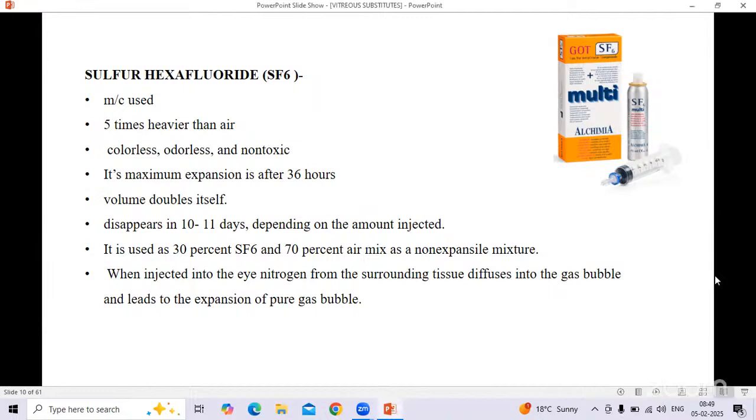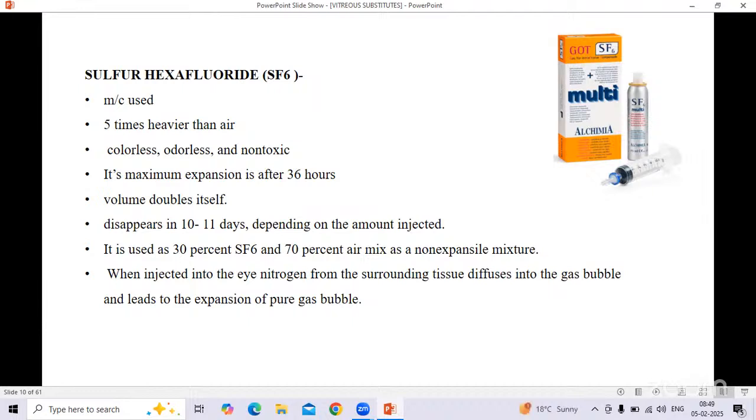For SF6, it is 18 to 20%. Where did you get this data? Sir, I have read it from one paper, sir. So in that it's given like this. Maybe they are using something different, but usually 18 to 20% is iso-expansile, non-expansile.